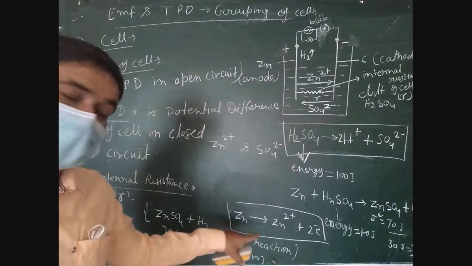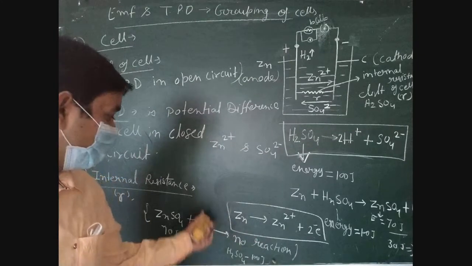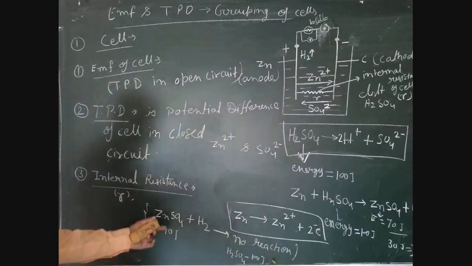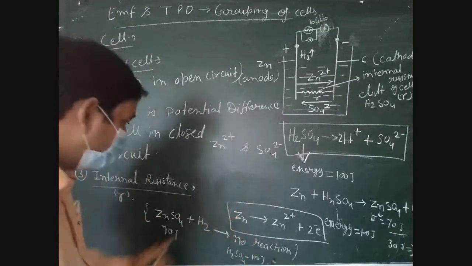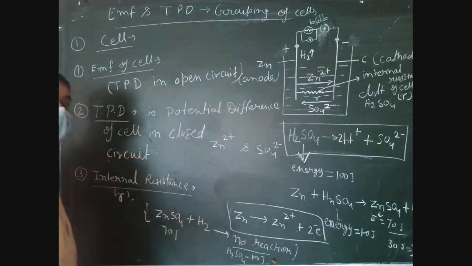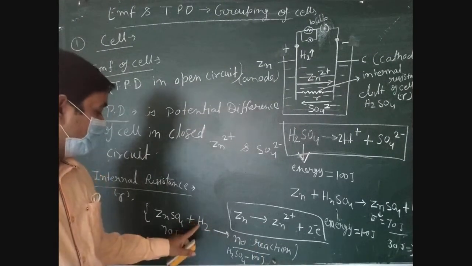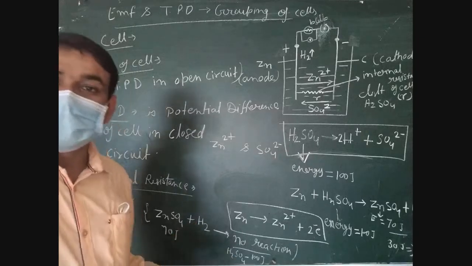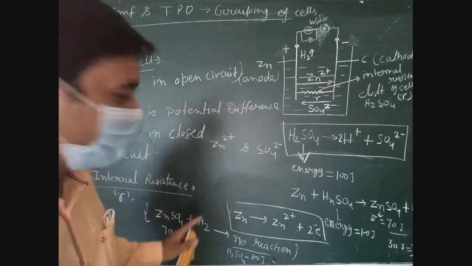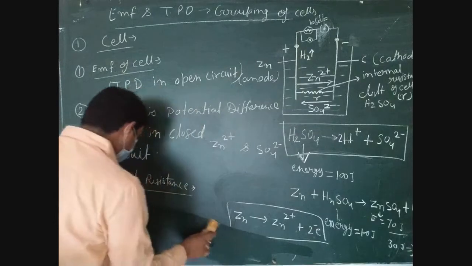So this reaction takes place only when energy is given, that is, when heat energy is given to the reaction, then we find H2SO4 is formed, but usually there is no reaction between the two. As you also know from chemistry, hydrogen is lower in the reactivity series than zinc. So this reaction does not take place in the cell.